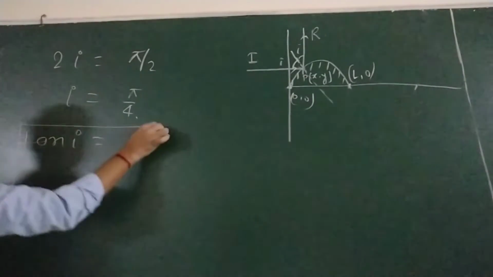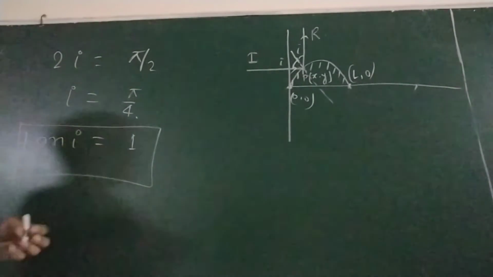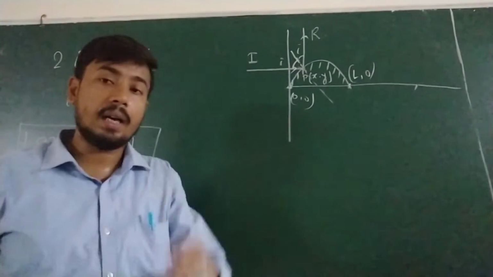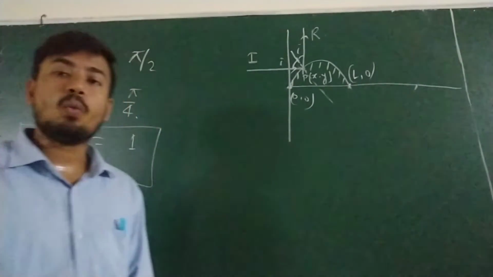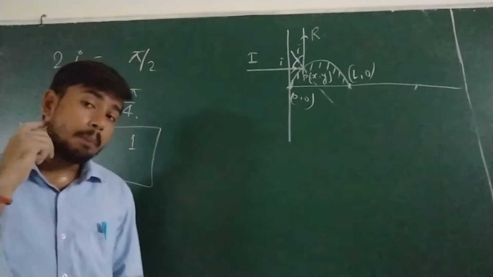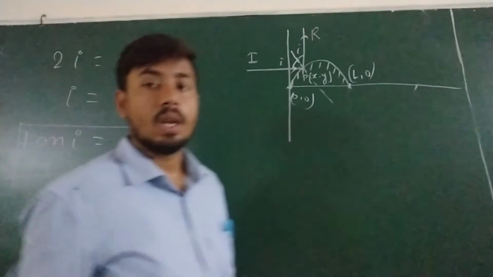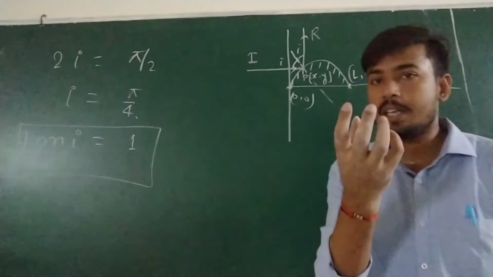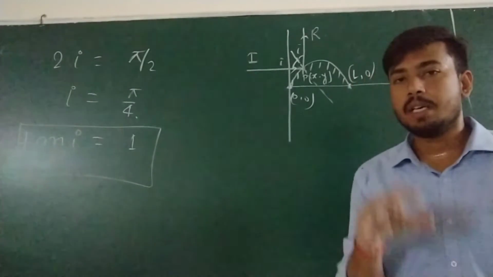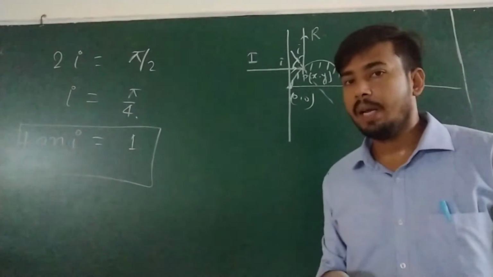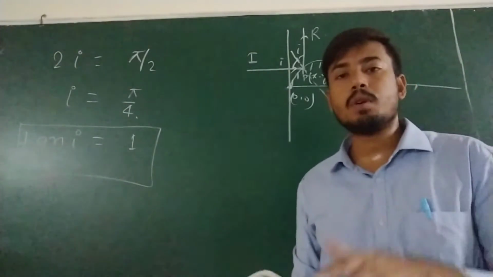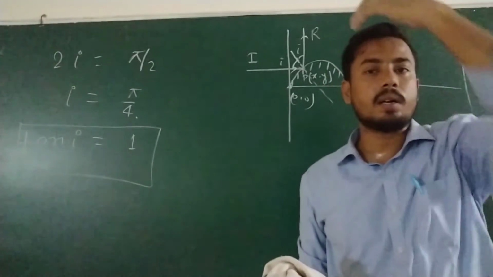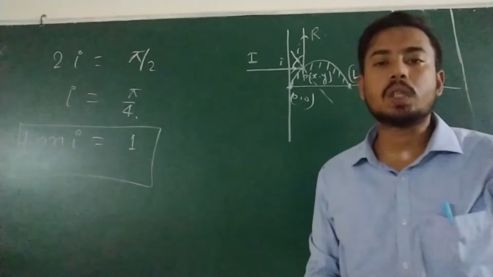Now the question is, how can we find tan theta or tan i? Here the equation is given, y is equal to 2L by pi sin pi x by L. If you differentiate this equation, what will you get? dy by dx. And according to your mathematical concept of slope, dy by dx is tan theta.